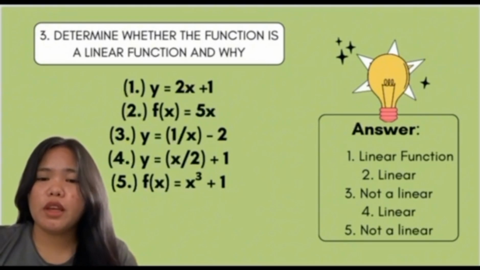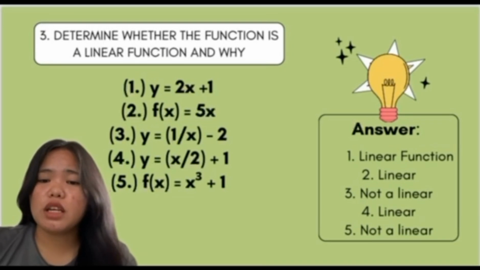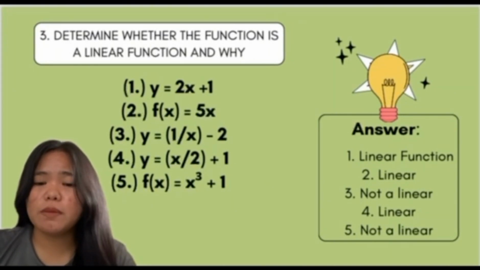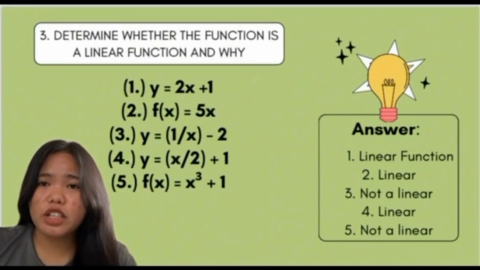Number 2, f of x equals 5x. The answer is linear because this function is also in the form of y equals mx plus c, where m equals 5 and c equals 0. The highest power of x is 1, indicating a linear relationship.